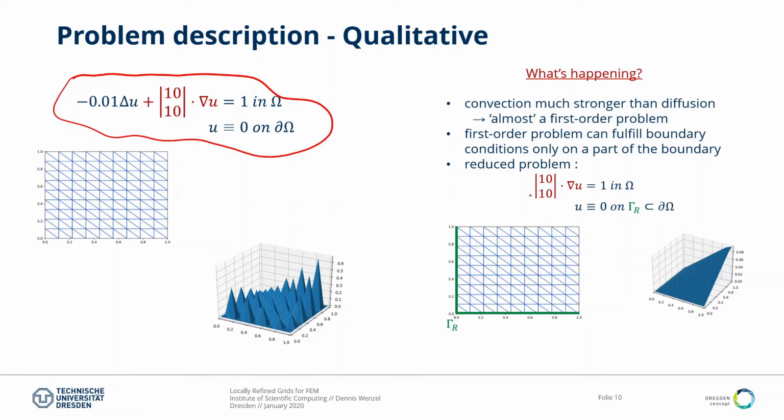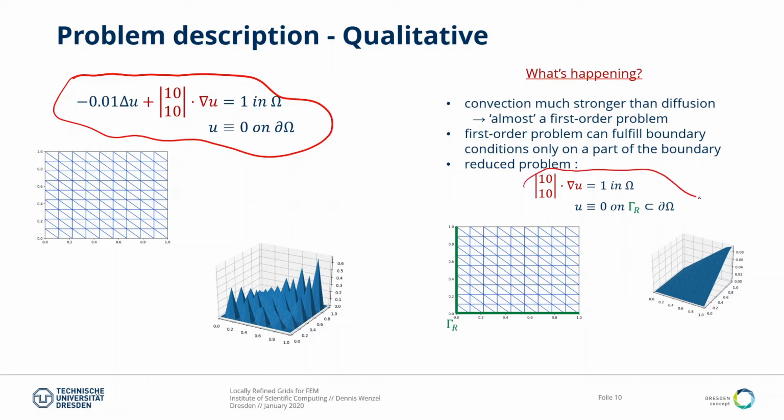But I also have to restrict my considerations to the boundary. We call this part of the boundary gamma r, named after gamma regular. That's the part where everything behaves in a good way, and we're choosing this half here. So in a sense, half of the boundary, the bottom left half, you could say. And then you can solve this.